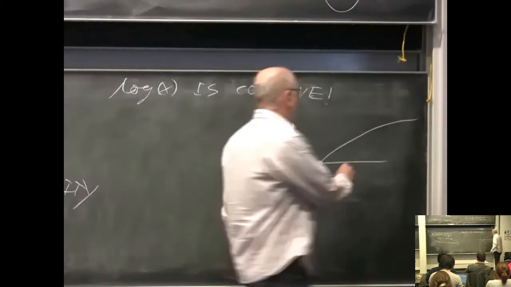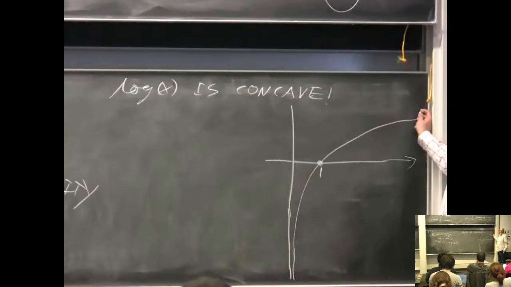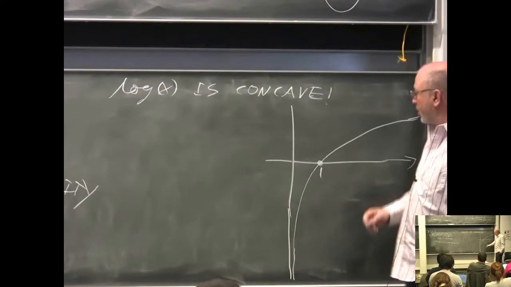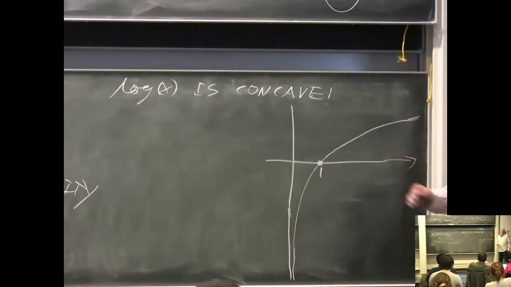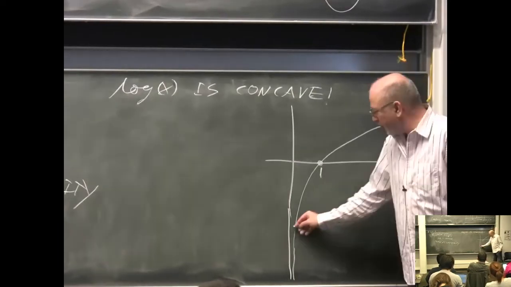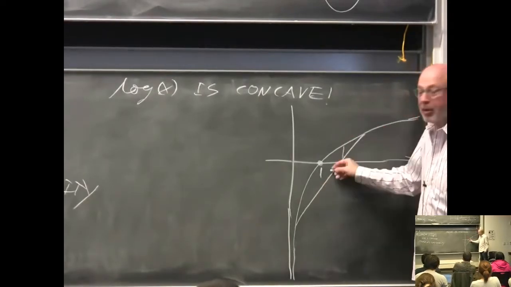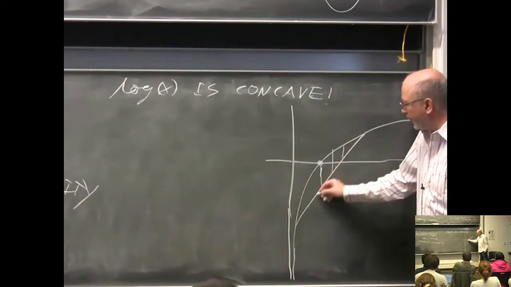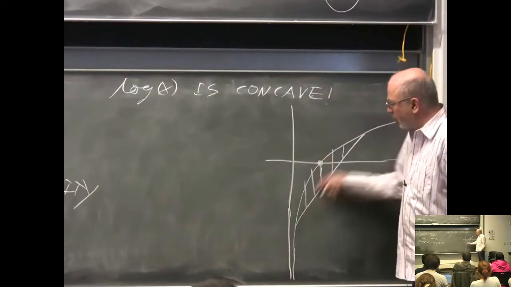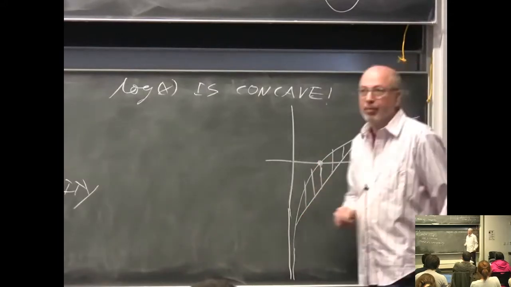And of values greater than 1 go to infinity, but at a diminishing rate. This doesn't asymptote. It keeps going up, but it goes up at a lower and lower rate. So you can see that it kind of looks concave. You connect any 2 points, and any point along the way is lower than its point above it. The chord is strictly lower than the curve.